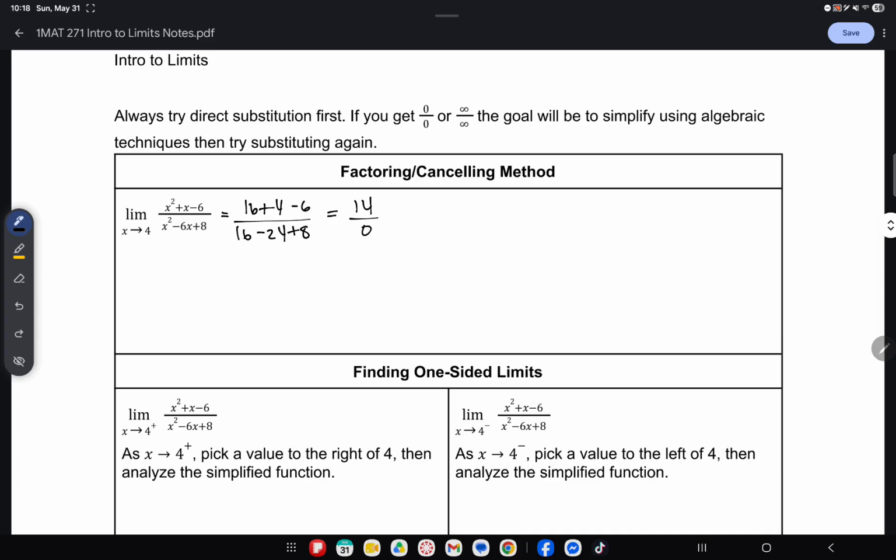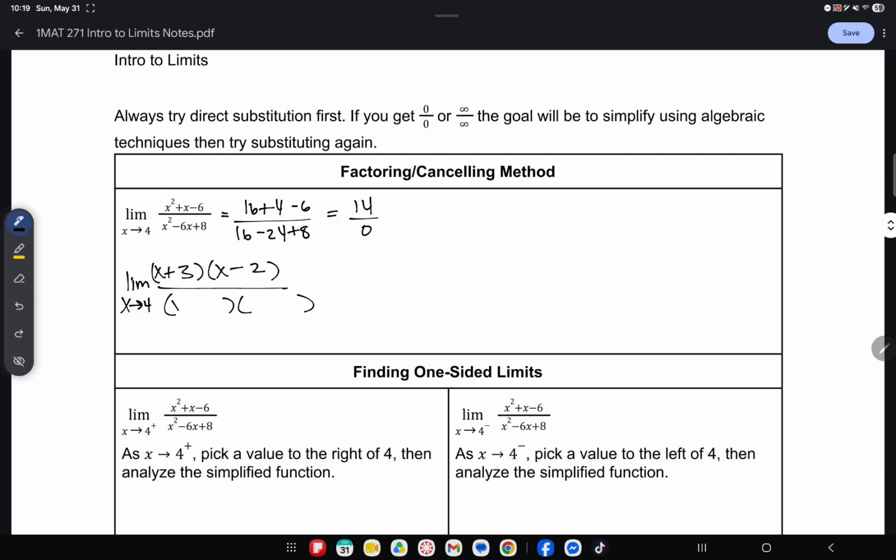From this point, because I'm going to factor, I'm not substituting in a value anymore, so I need to keep that limit notation. So the limit as x approaches 4. And then I'll try and factor the numerator and denominator. So let's see, probably 3 and 2. We want a positive 1, so plus 3 minus 2.